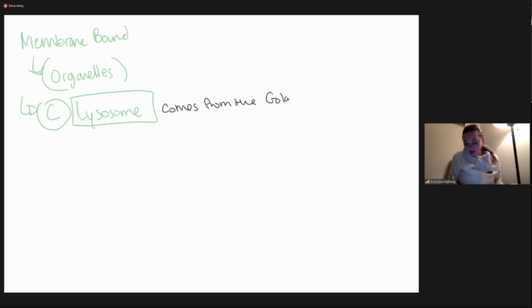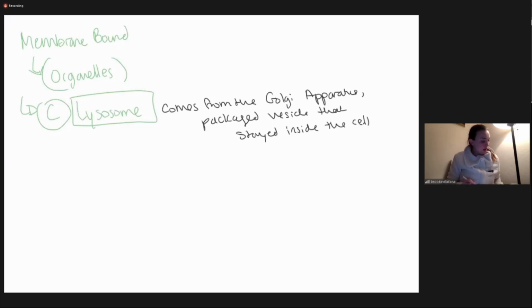apparatus, and it's from things that were packaged in a vesicle that stayed inside the cell, right? It is a waste management organelle.